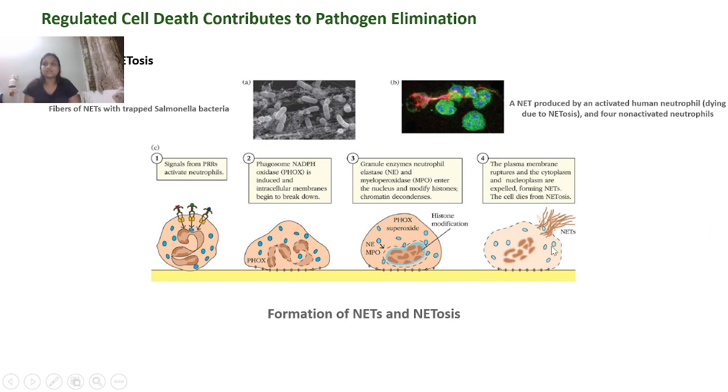So this process also helps in the elimination of pathogen, and it is one of the important processes happening inside the cell, where the neutrophils are actually killing the pathogen by directly inducing cell death. The affected neutrophils will die by formation of these net structures.